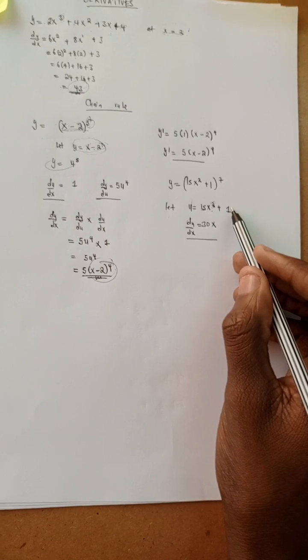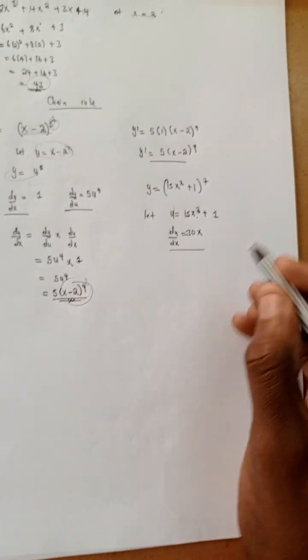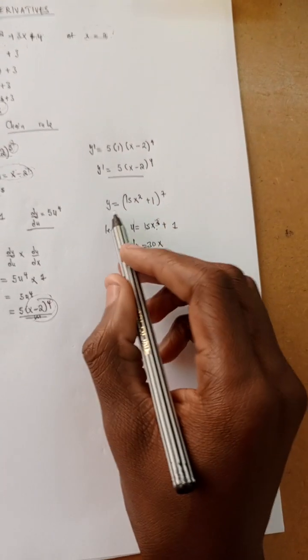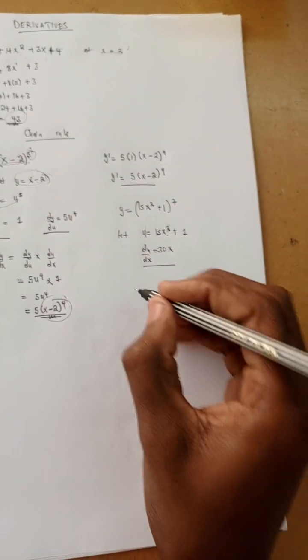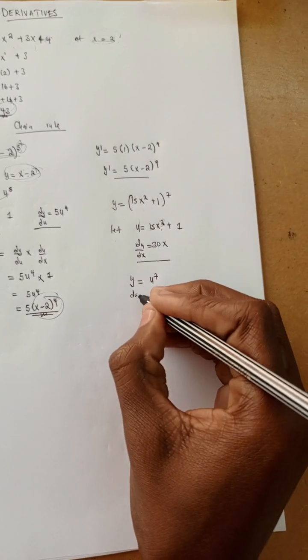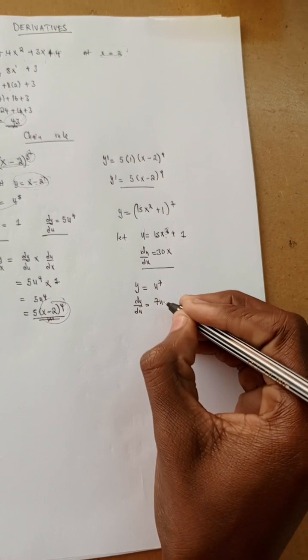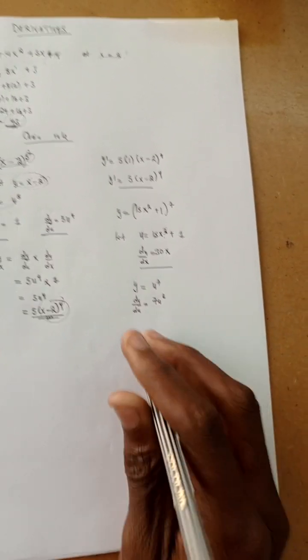And then I said the derivative of any constant, no matter how big or small it is, is always 0. And then since we let u be equal to the inside part, we can say y is equal to u to the power 7. So differentiating that with respect to u, we have 7u to the power 6.